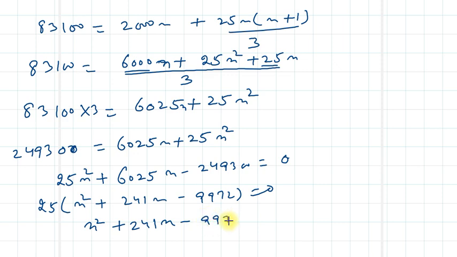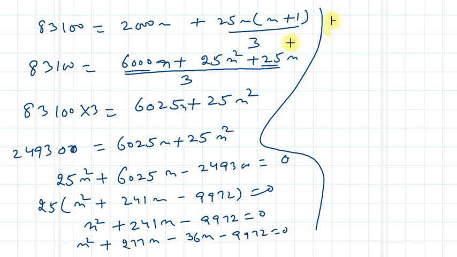So our equation has become this. Now we have to factorize it, right? So factors could be 277 and 36. So n square plus 277n minus 36n minus 9972 equal to 0.